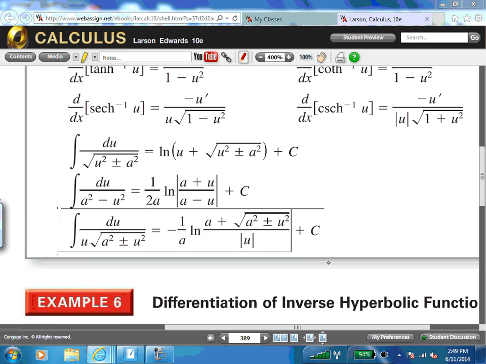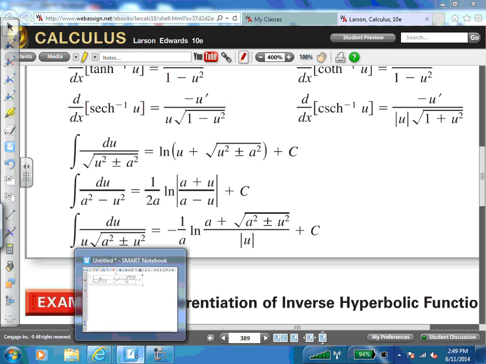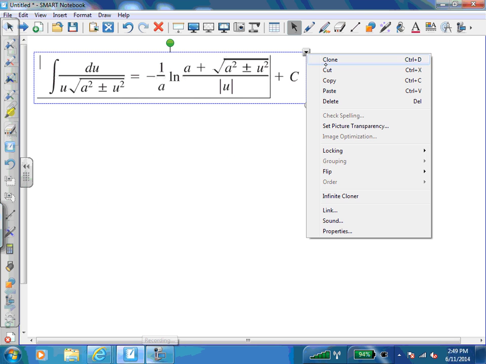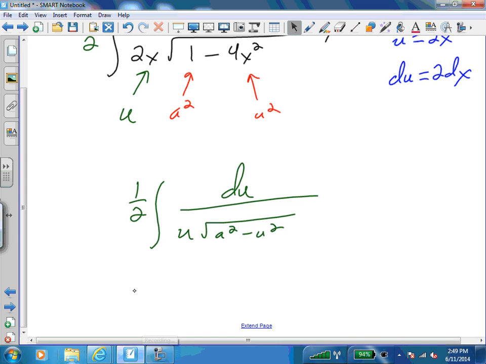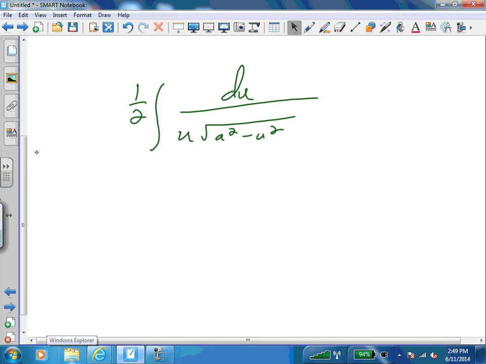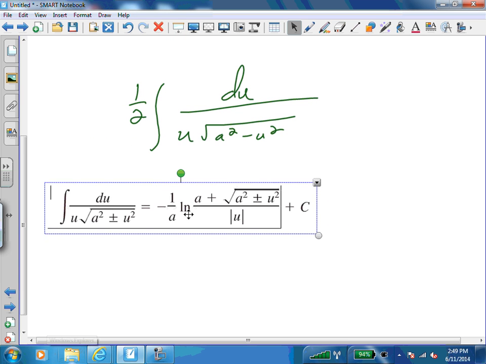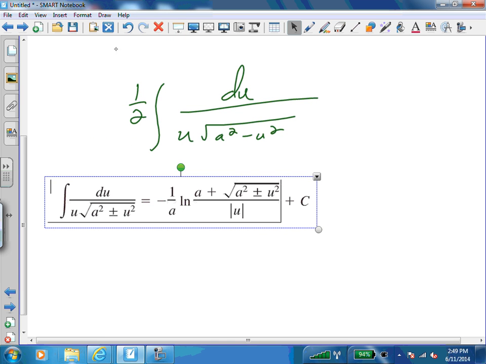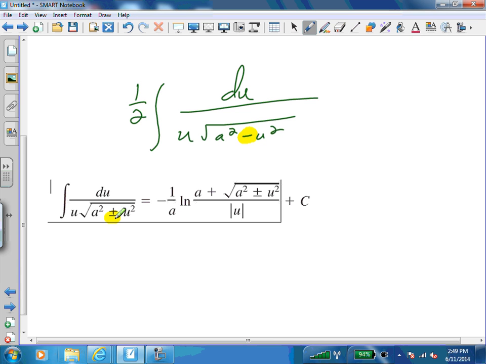Here. So notice that's what we've got. Ours is minus, so we're going to use the minus. So when we have a plus and a minus over here, we're using the minus.